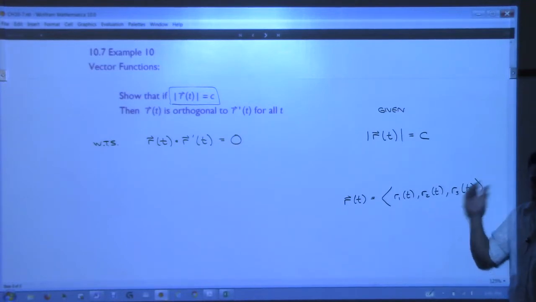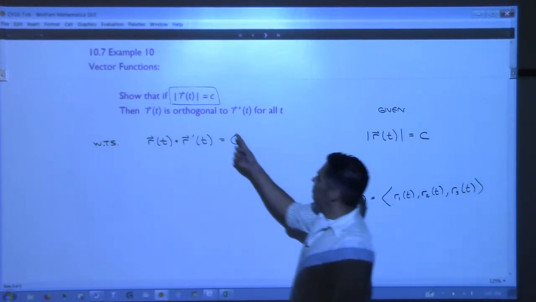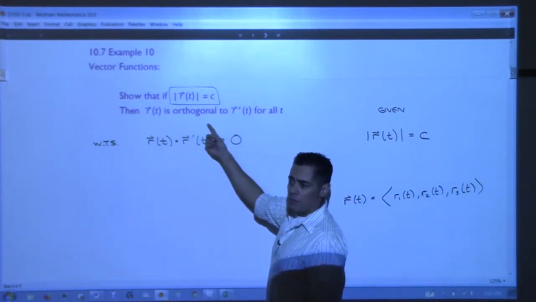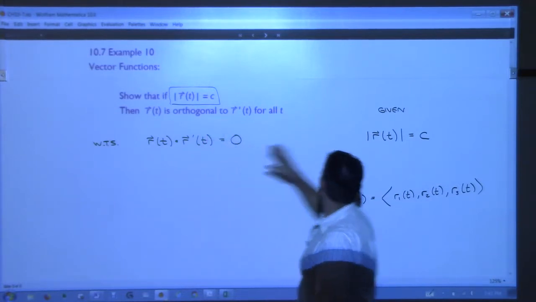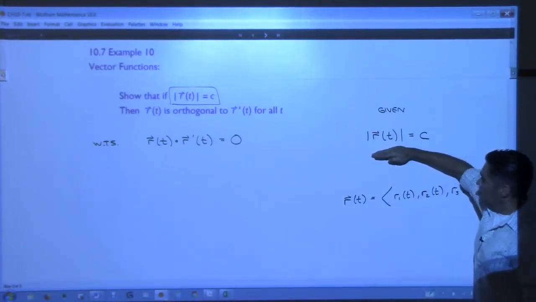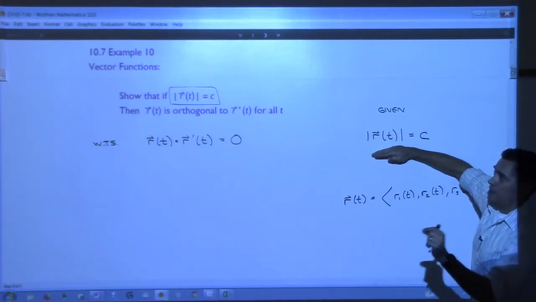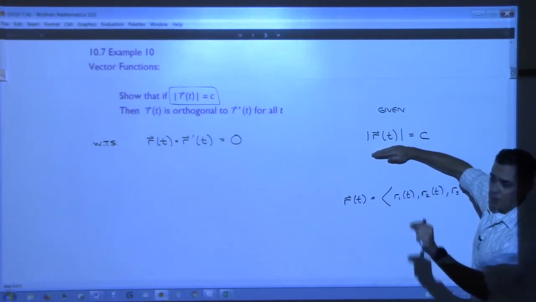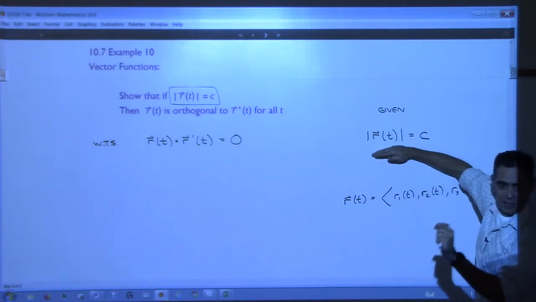Yes? But if the derivative is always going to be parallel. But we don't know it is. Orthogonal. Oh, we have to show it is. We don't know it's always going to be orthogonal. Okay. So all we're given is this. All I'm telling you is that the distance from any point on your curve to the origin is always maintaining a distance of c.